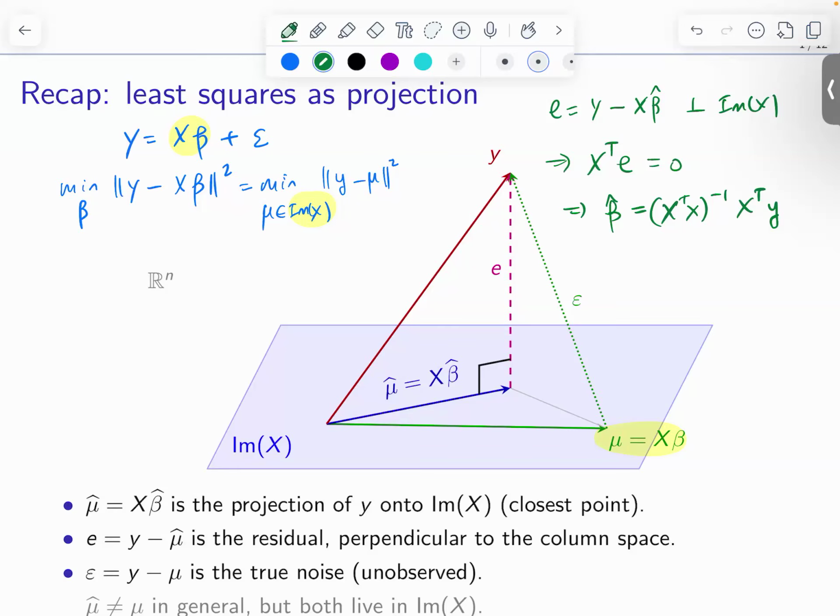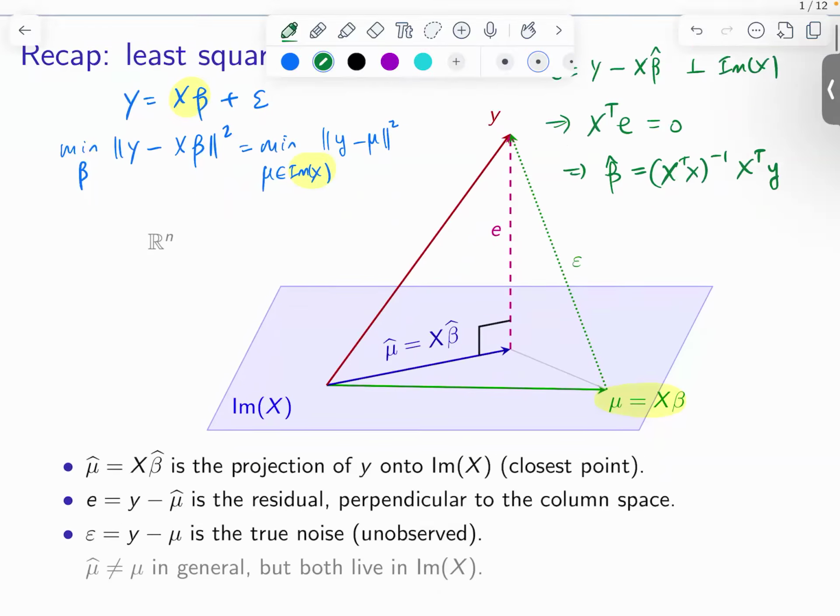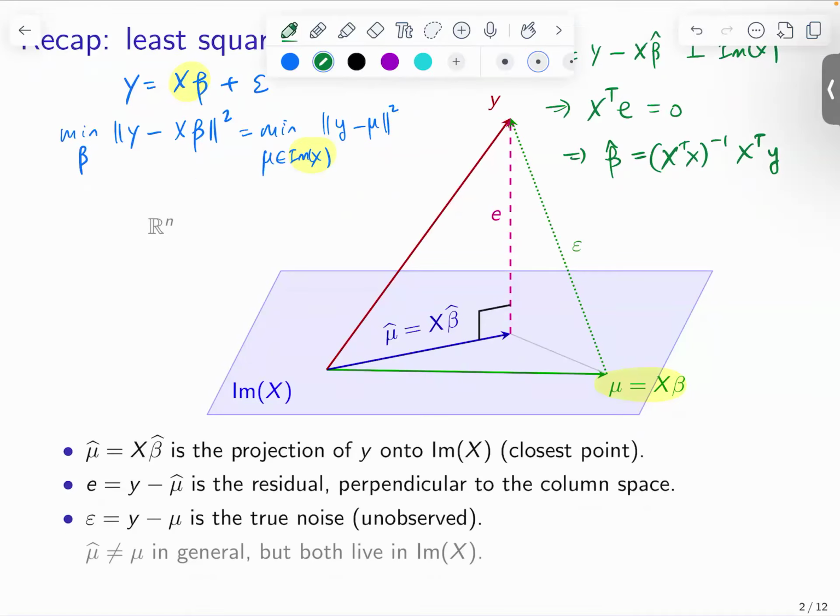And there are a lot of things from this picture that you can observe, both mathematically, or algebraically, and also later on, maybe geometrically. So if I look at X beta hat, that will be mu hat.